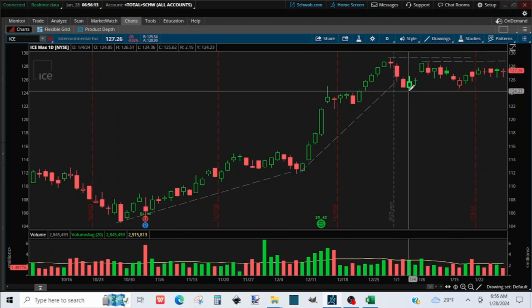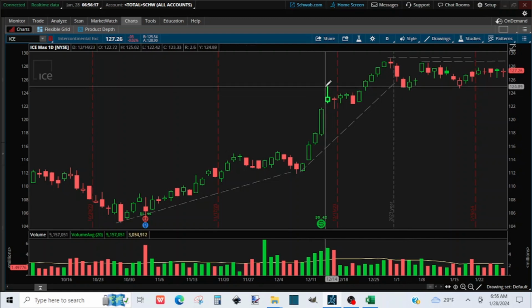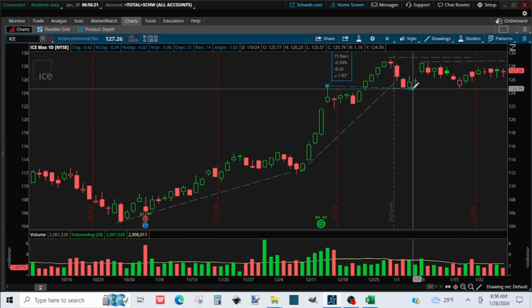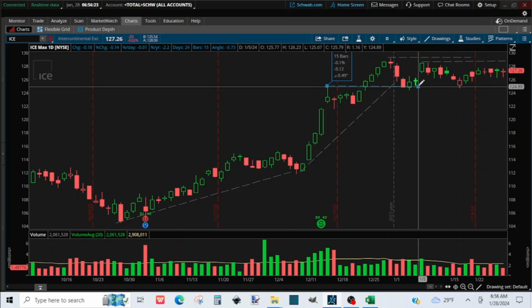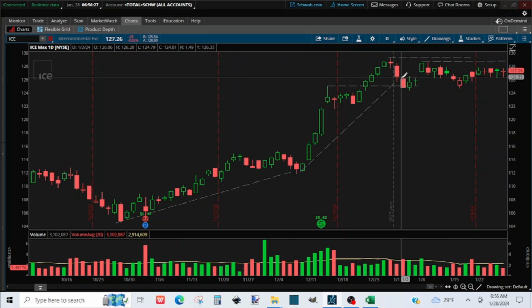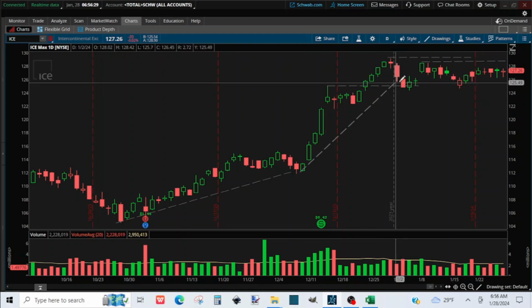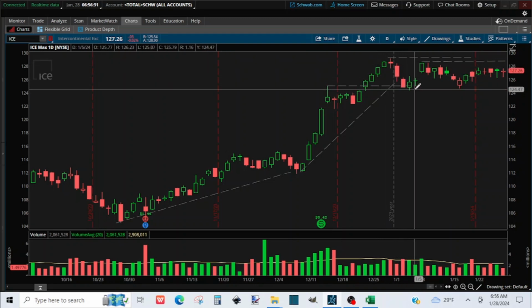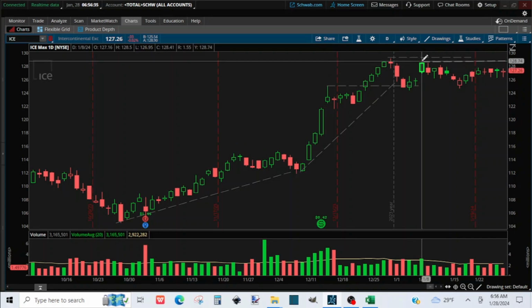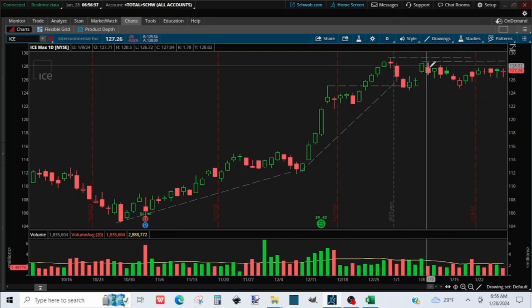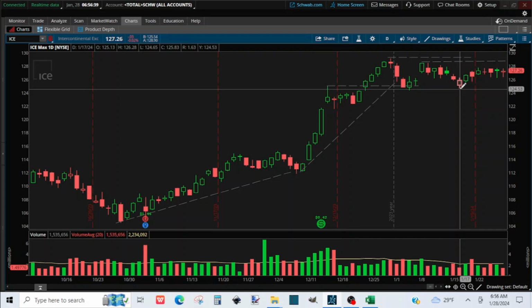It went down here to a low that is pretty much at the support line of a previous high or so, but clearly fell off of the trend, went up to create a lower high. So the trend ended and it went down to create this low.